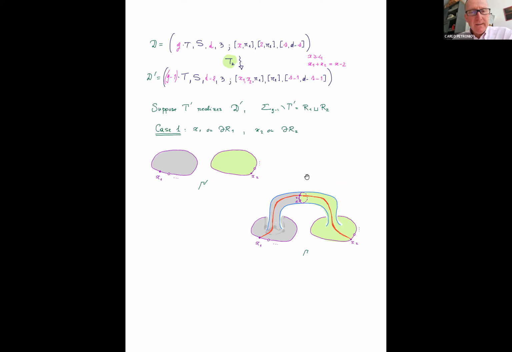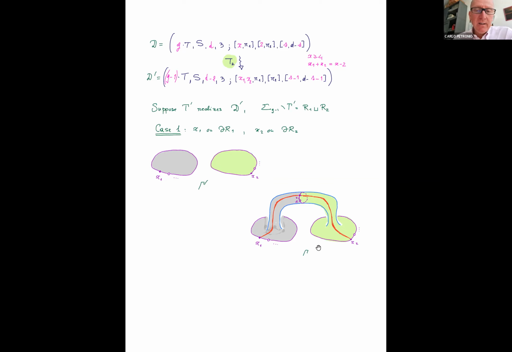Now you have 2 cases. I want to show this because it's the subtlety of the proof, the only subtlety. So you have, say, a gray and a green disk in the complement of gamma prime. And it can happen that X1 is incident to the gray one and X2 is incident to the green one.